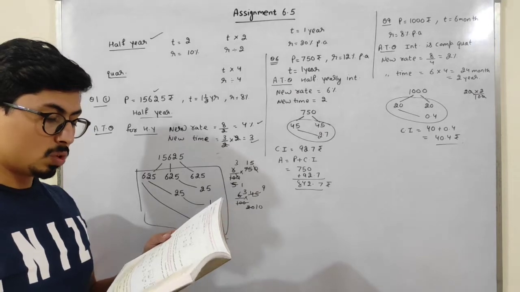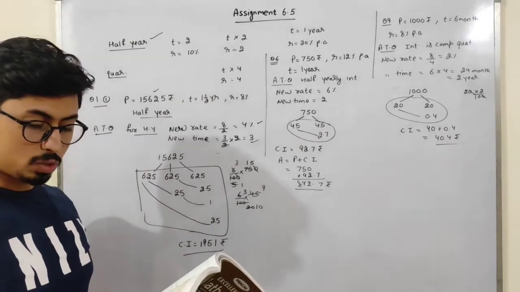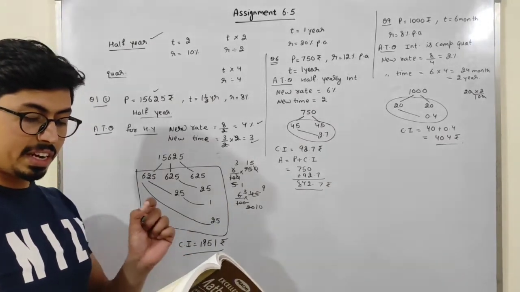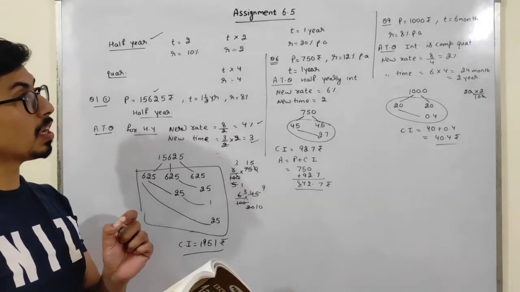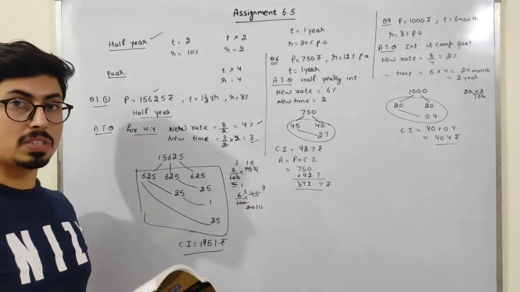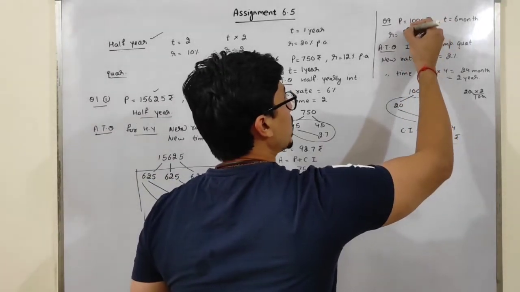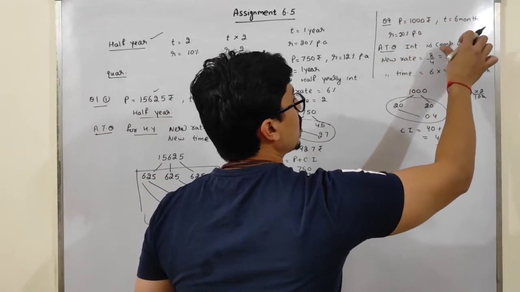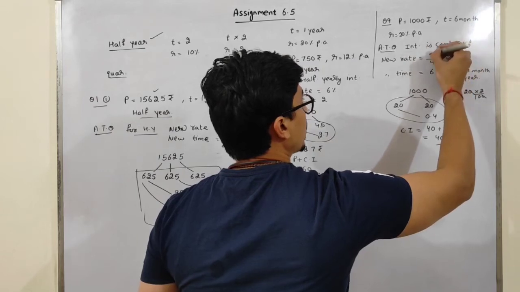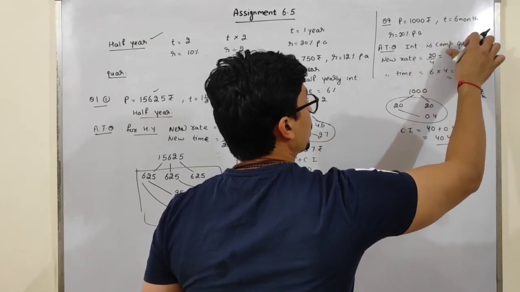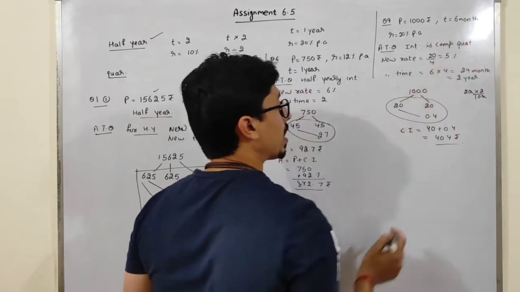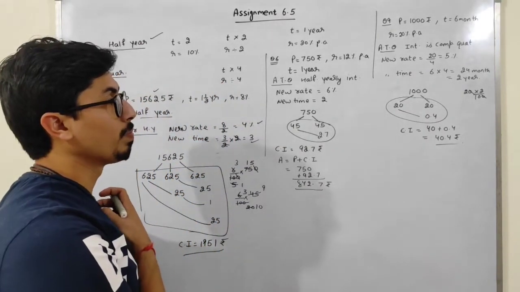Okay, students. So by mistake, I have taken the rate as 8% instead of 20%. So let's just correct it. Just take 20% instead of this. So if you take 20%, it will be 5% now. You can just correct it right now.